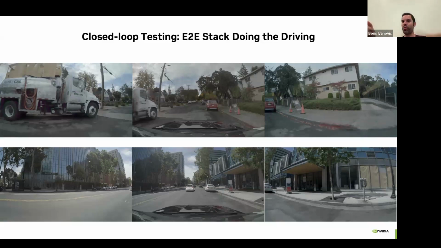Which means if, for example, I wanted to see how this stack would perform on Japanese roads or in Turkey or in Spain, and I don't have collected data there, it's very difficult for me to do this kind of evaluation and closed loop testing.